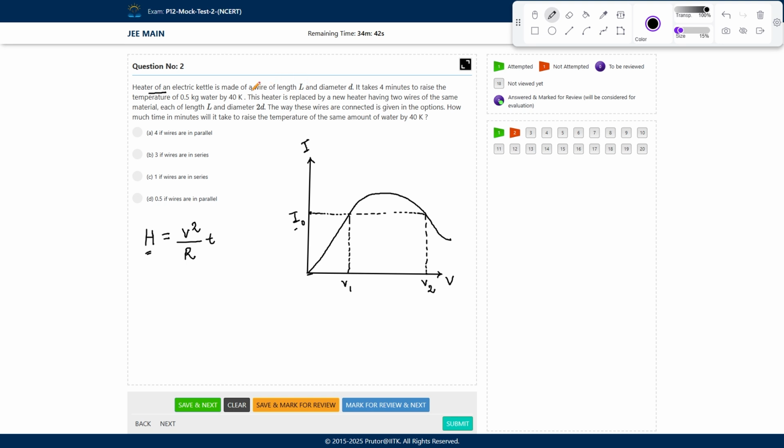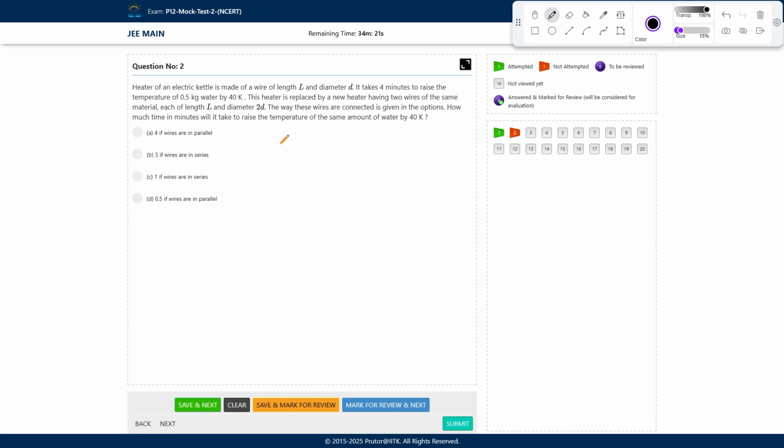In the first case, there is a wire of length L and diameter D, and R is rho L upon A.